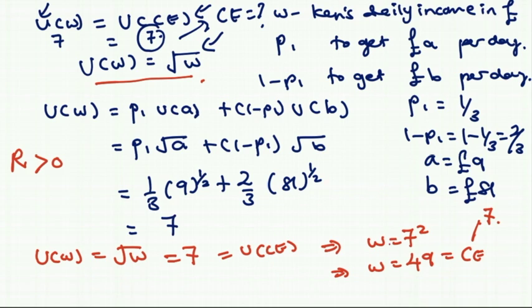If CE is 49, it gives you utility equivalent to 7. So what is the expected income for this gamble? If we know that, then it can help us to find the risk premium. So let's crack on.